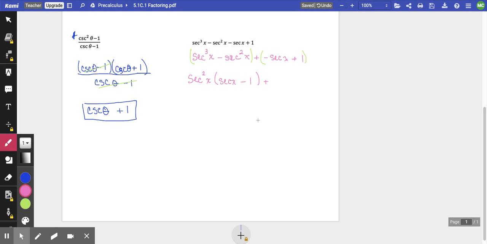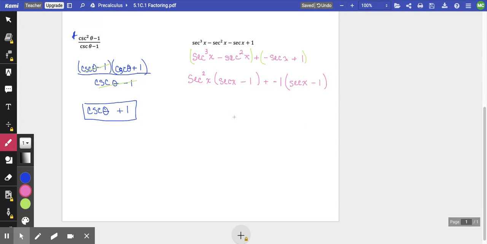Then I've got that plus sign in the middle. In the second grouping, I've got a negative secant of x and a 1. So the only factor that they have in common is a 1. But since the first term is negative, I want to take out a negative along with that 1. Now what times a negative 1 would give you a negative secant of x? That would be just a secant of x. And what times a negative 1 would give you a positive 1? Well, that would be a negative 1.